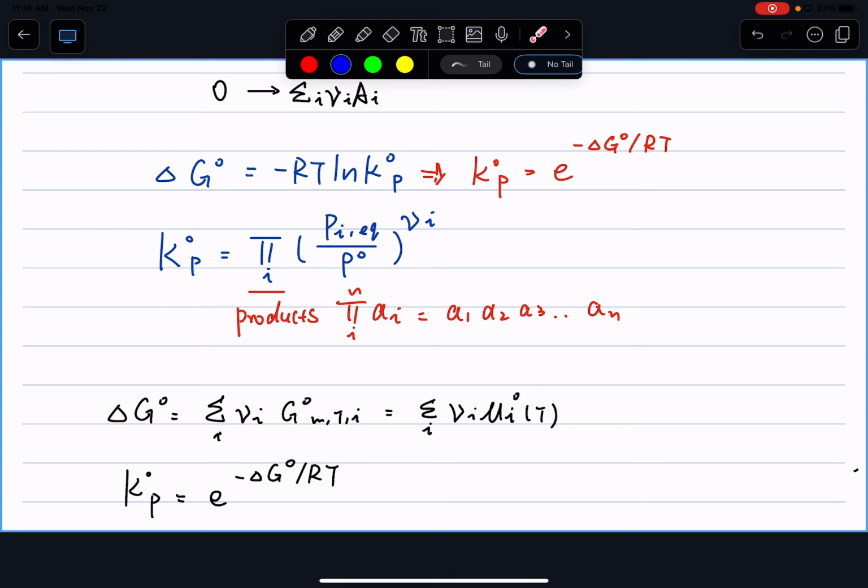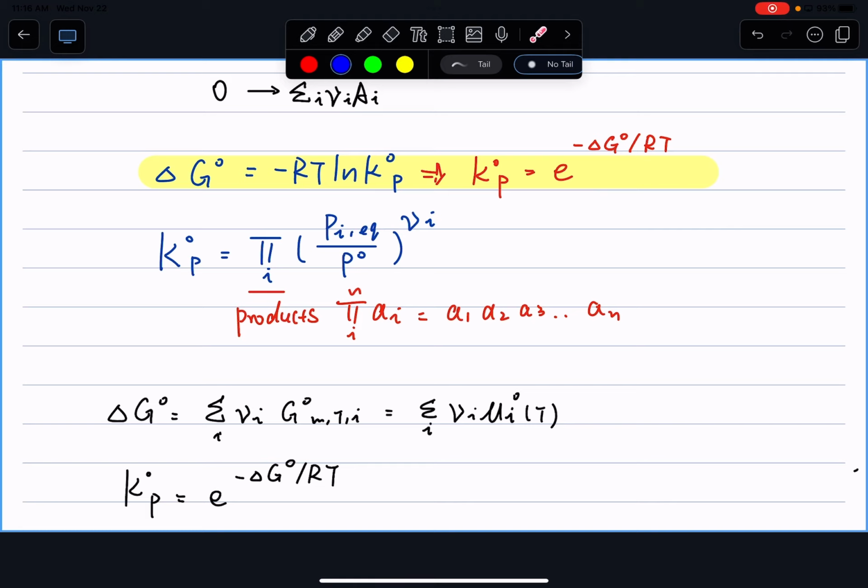It also fulfills our expectation here, right? Your equilibrium constant, Kp, is within the logarithm. We do not expect it to have any unit. And the reason the units cancel out is within its definition.